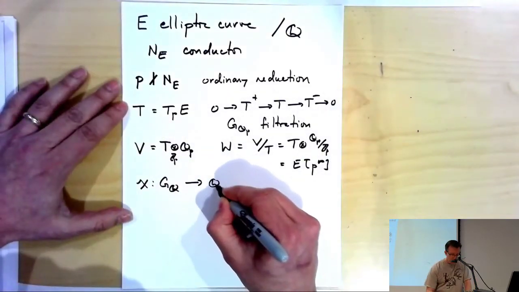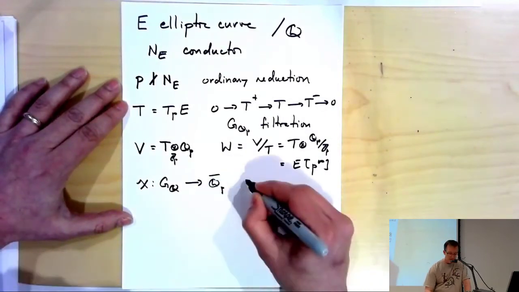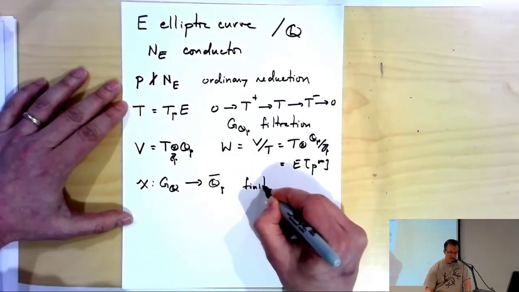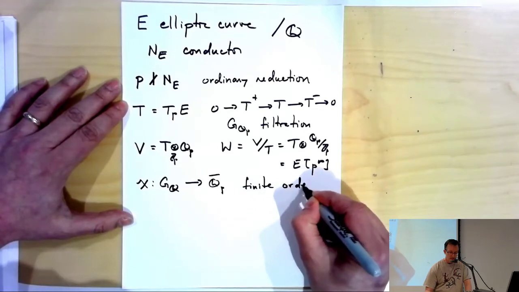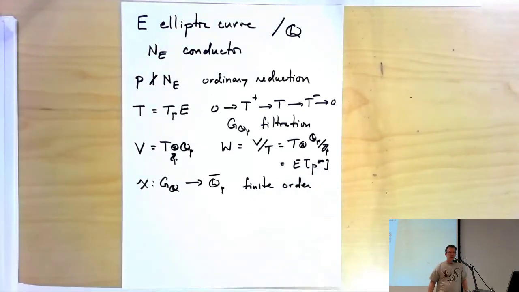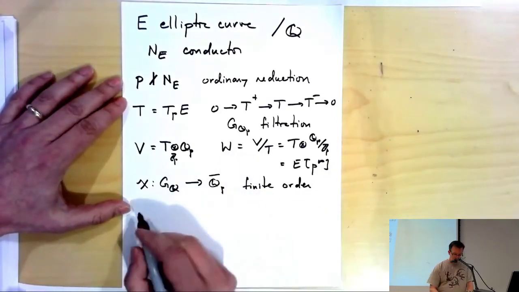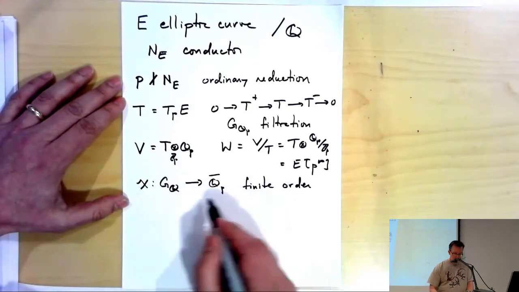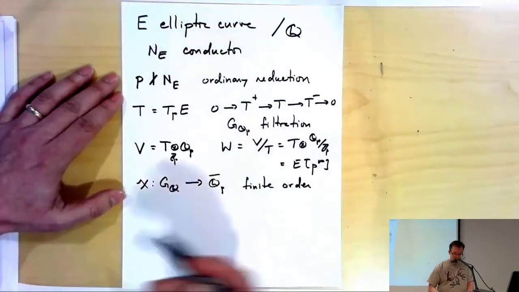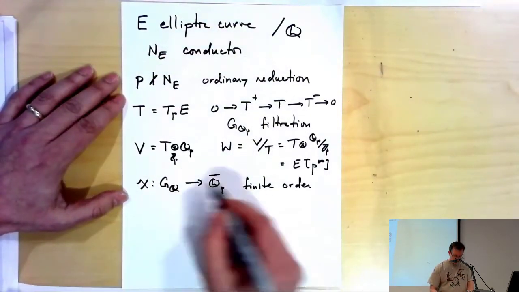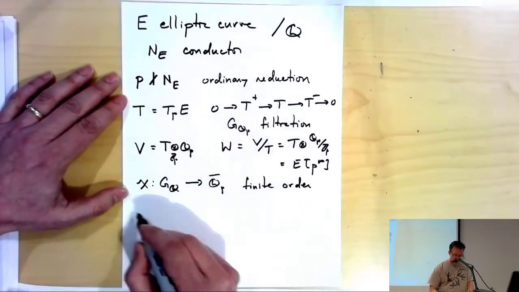I'm going to think of this as in QP bar. This is a finite order character. So it's the Galois representation associated to some Dirichlet character, like global class field theory. As I said, its values are in the roots of unity of some order.